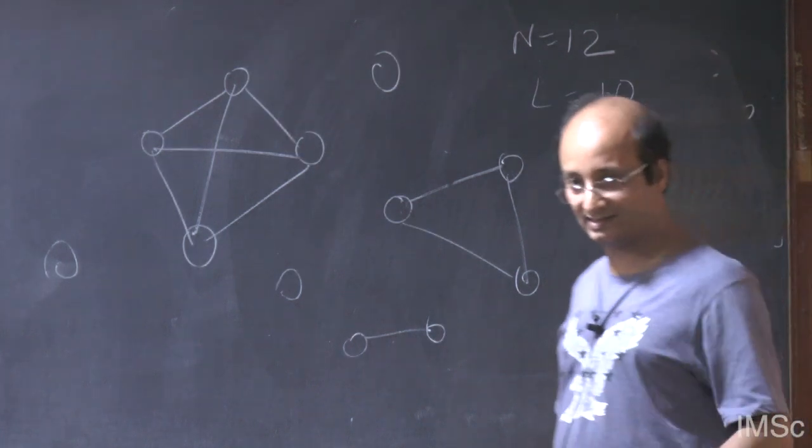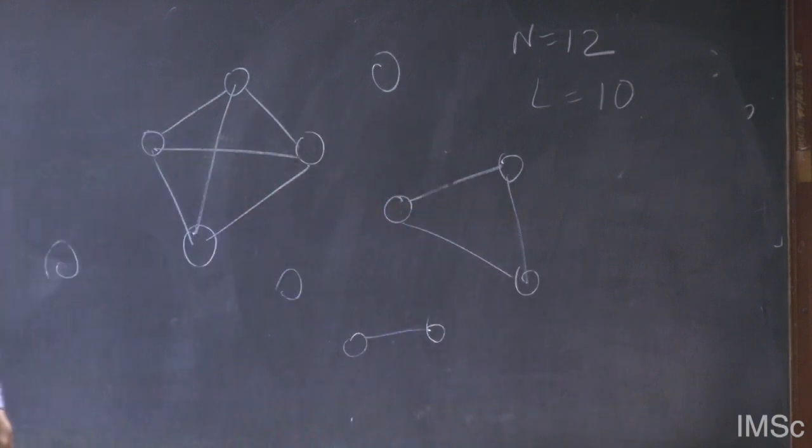But as the numbers themselves will tell you, obviously there would be a few nodes which would be disconnected, okay? So actually, if I just tell you there are 12 nodes and let's say there are 10 edges, would you be able to immediately say that there would be disconnected components?